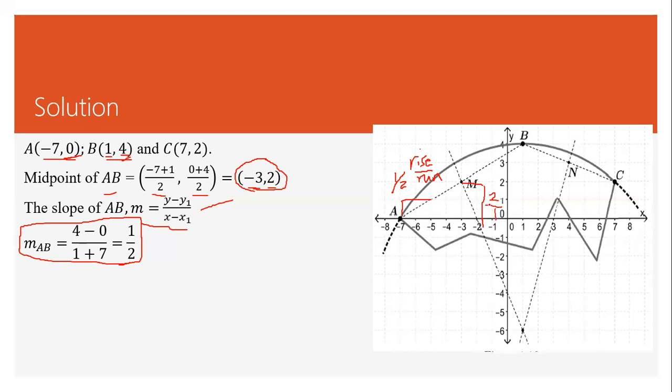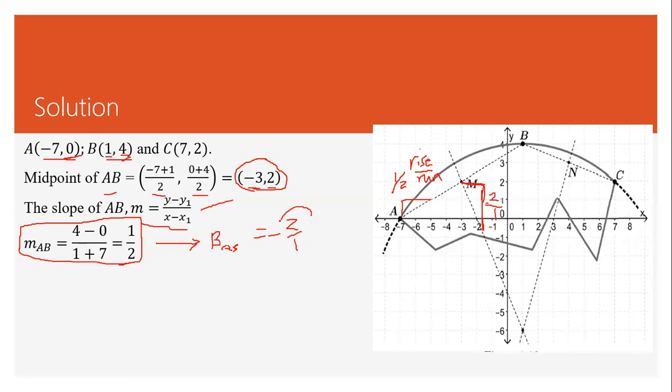From positive, it becomes negative, negative 2/1, because the run is positive but the rise goes down. So this is negative. So the slope of the bisector line of AB is negative 2/1.